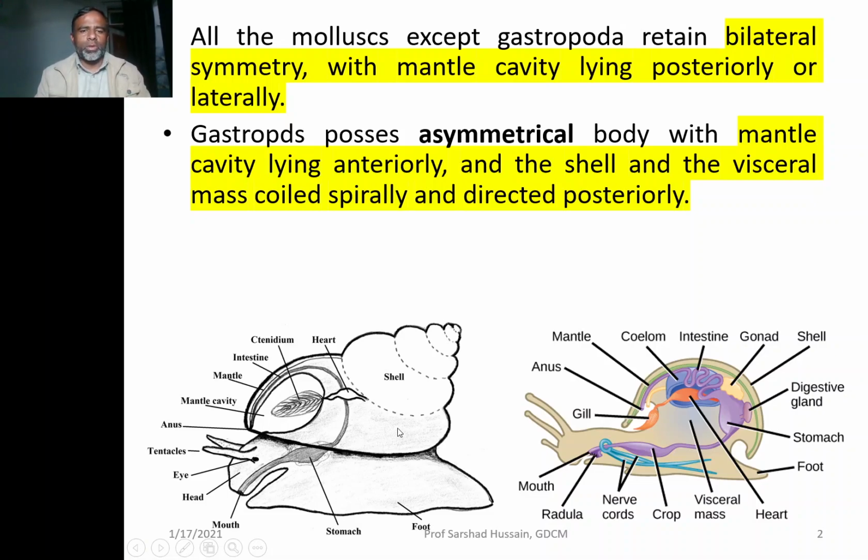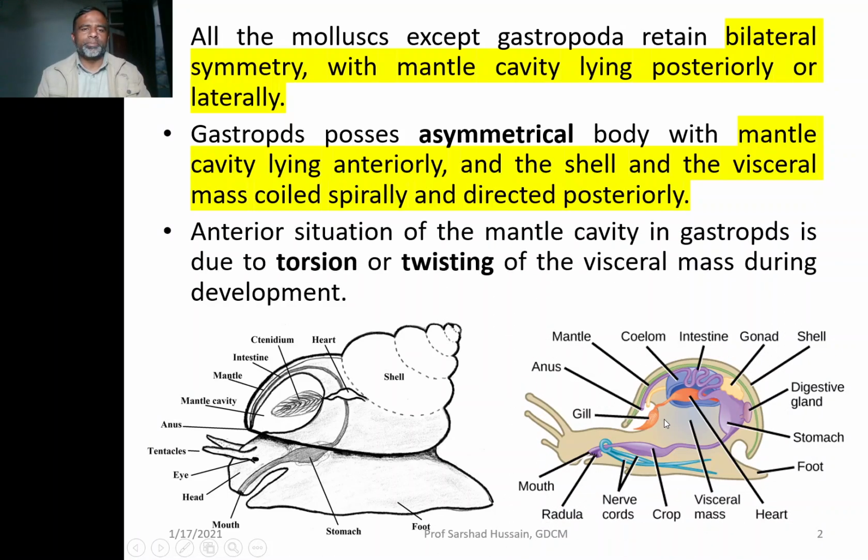Except these gastropods, rest all the mollusks have this mantle cavity lying posteriorly. And these gastropods are not bilaterally symmetrical, whereas rest other organisms are bilaterally symmetrical.